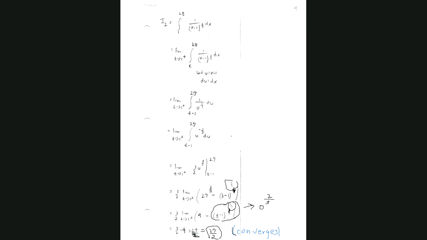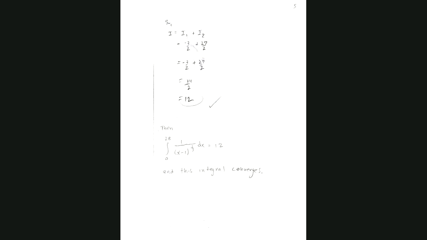What do we have to do with the 27/2 that we got from this second integral and the negative 3/2 that we got from the first integral to get the answer? Add them together. And that's what we do. So we have a convergent integral, and that's the area.